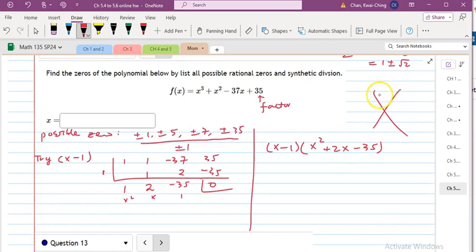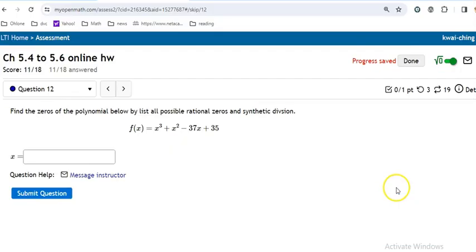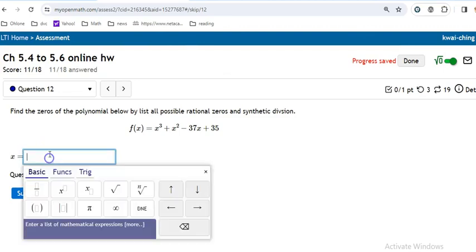This is factorable. Negative 35, we can use the regular diamond: multiply to negative 35, add to 2. 7 and 5. X plus 7, x minus 5. So then split: x equal to 1, x equal to negative 7, x equal to 5.